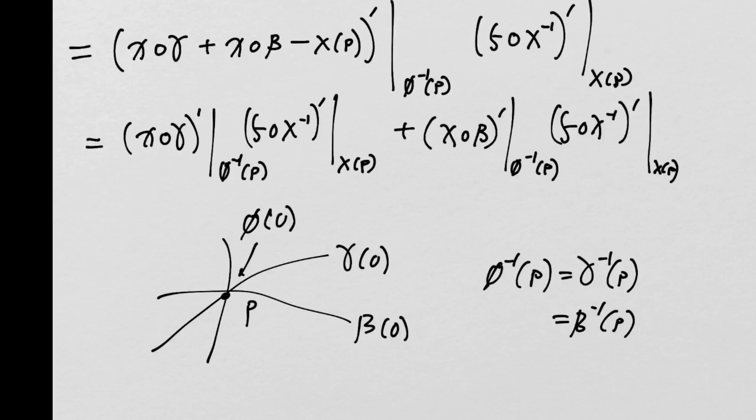We've done that by construction, right? We're assuming that all these curves are parameterized such that at the point P, all the curves have the same parameter value.